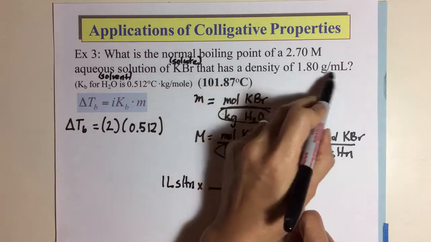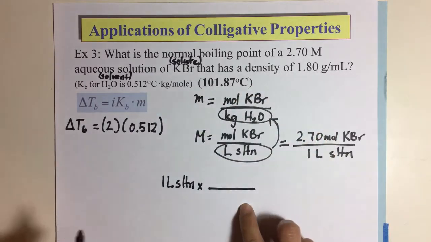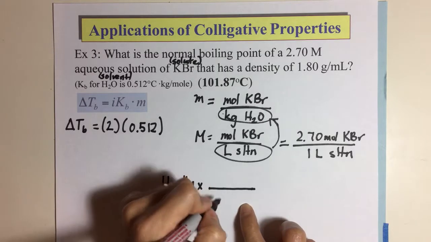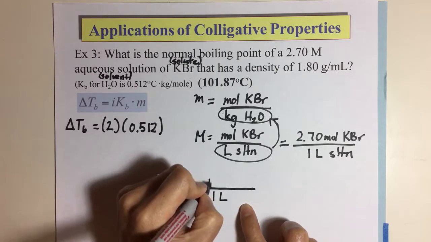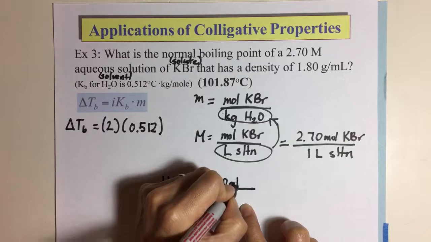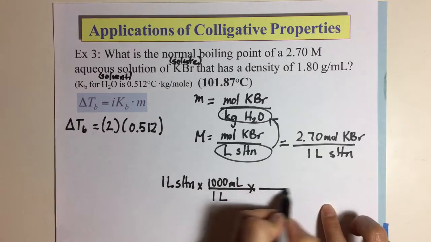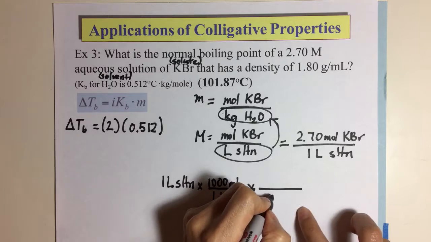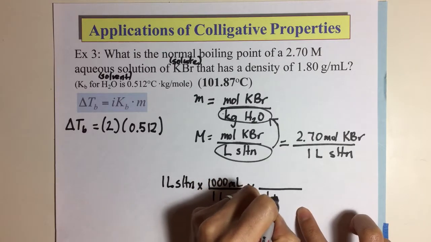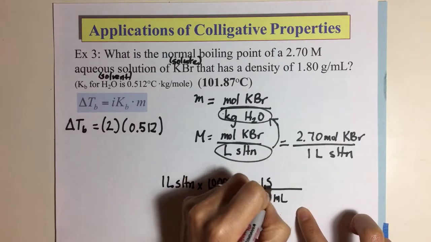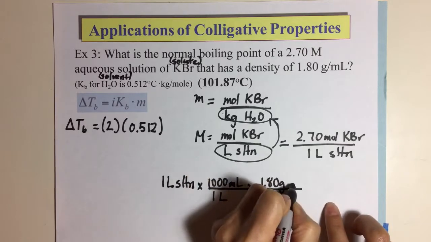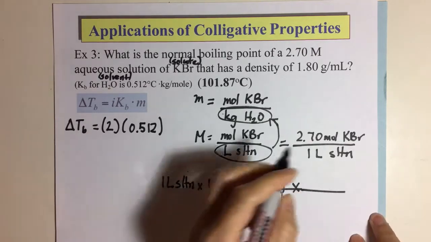Because I see that there's this density value, I'm going to do 1 liter, 1,000 milliliters. This is the first conversion. And then I'm going to use density now. I'm going to take the milliliters. For every 1 milliliter, there's 1.80 grams. But I don't want it in grams. I want it in kilograms.